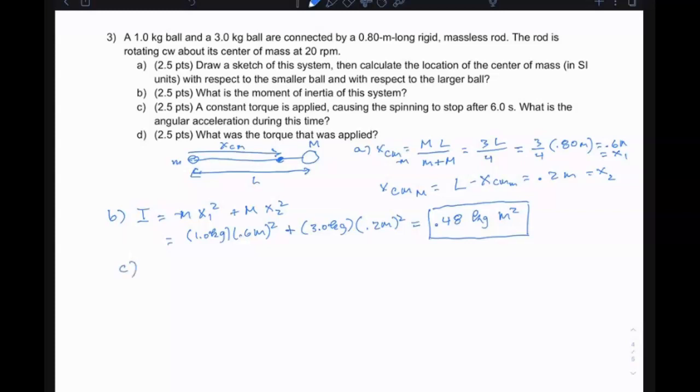If we have a constant angular acceleration, then this is given by the change in angular velocity divided by the time interval, delta t.